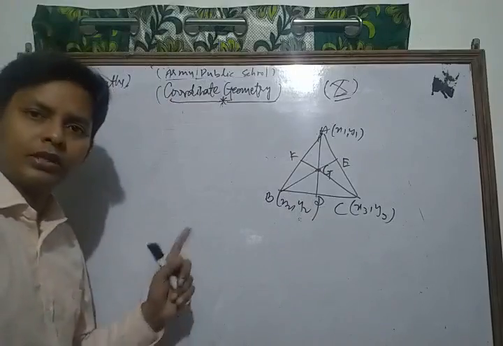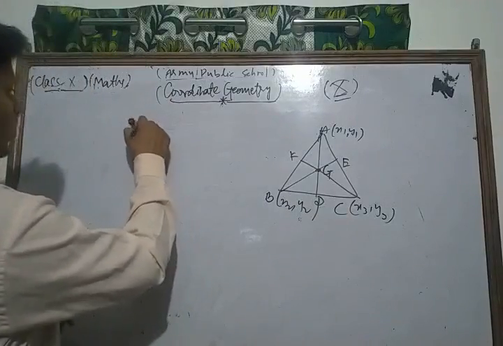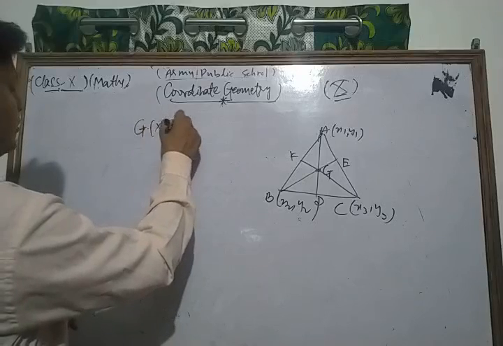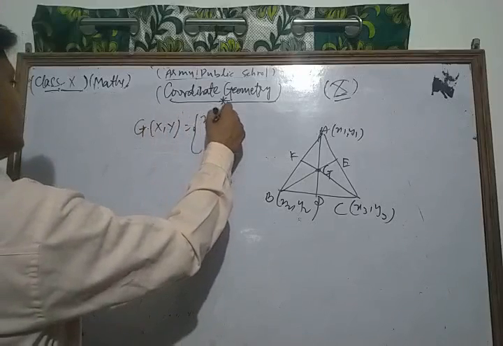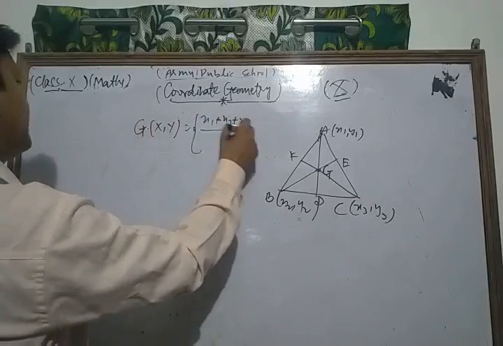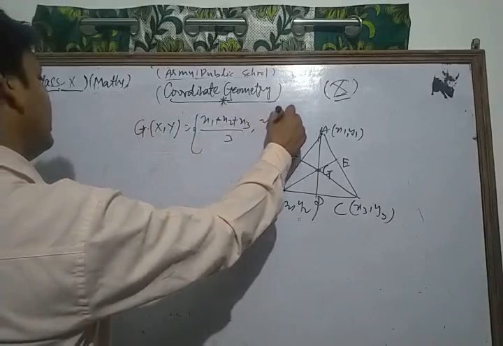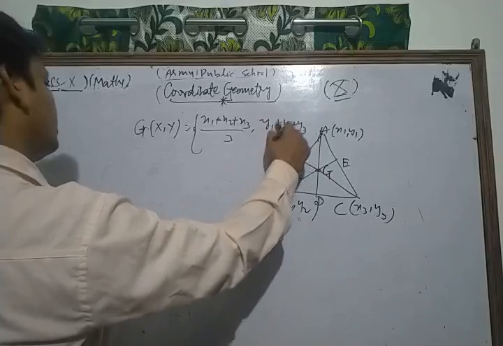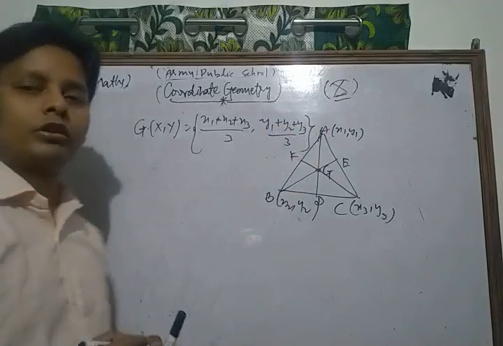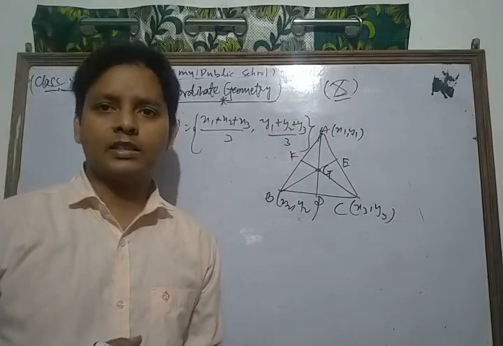The coordinates of the centroid are given by the formula (x1 + x2 + x3)/3 and (y1 + y2 + y3)/3. This is the formula to find the centroid of a triangle whose vertices are given.